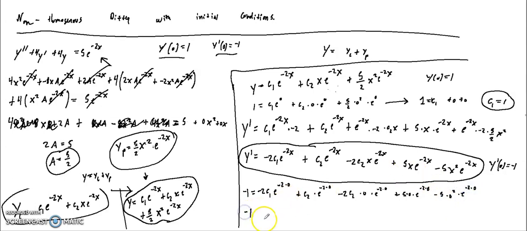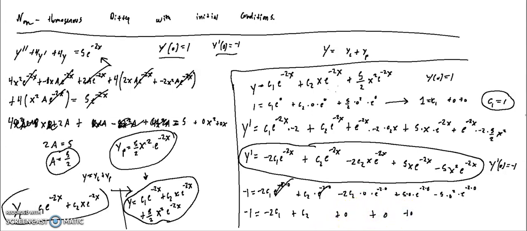So we get negative 1 equals negative 2 C1 plus C2, because that is just 1, and then plus 0, plus 0, and plus 0.